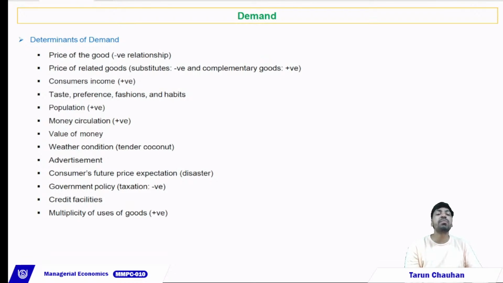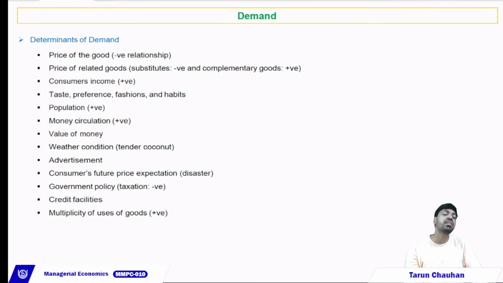The next one is multiplicity of the uses of goods. Here we are talking about milk, sugar, coffee, and fruit creams. If they have multiple uses, then definitely their demand would also increase.